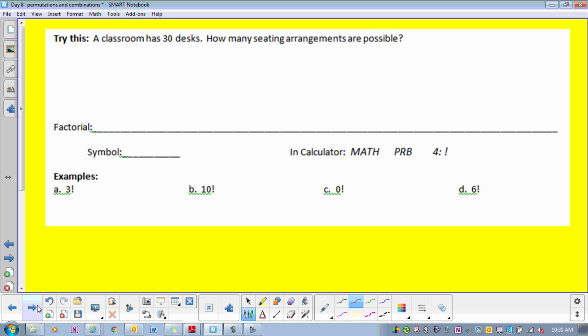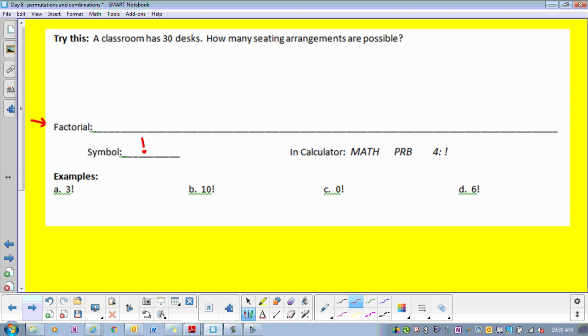But I want to tell you about something called a factorial. I don't know if they show you this in Algebra 1. You remember this? Exclamation point? It's weird to use an exclamation point in math, right? This is actually called a factorial in math.